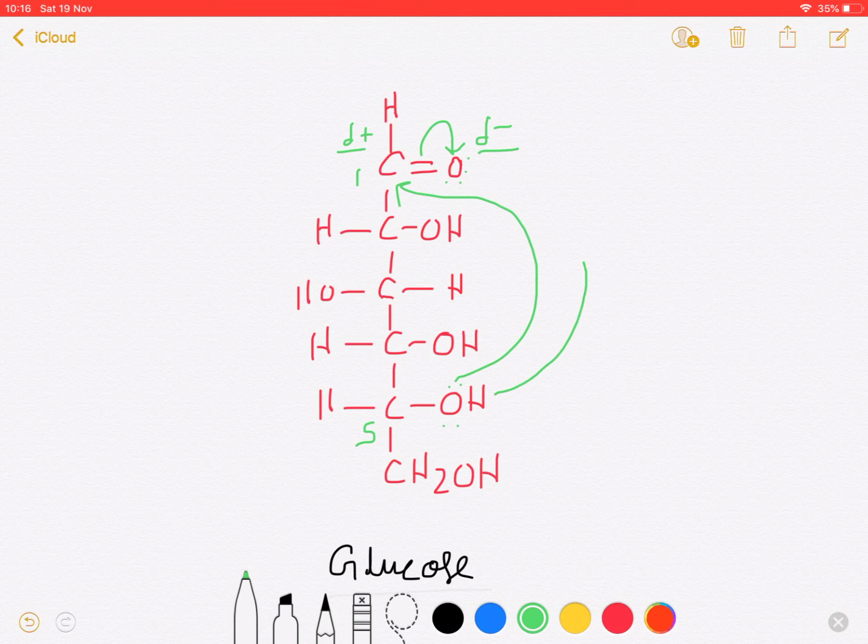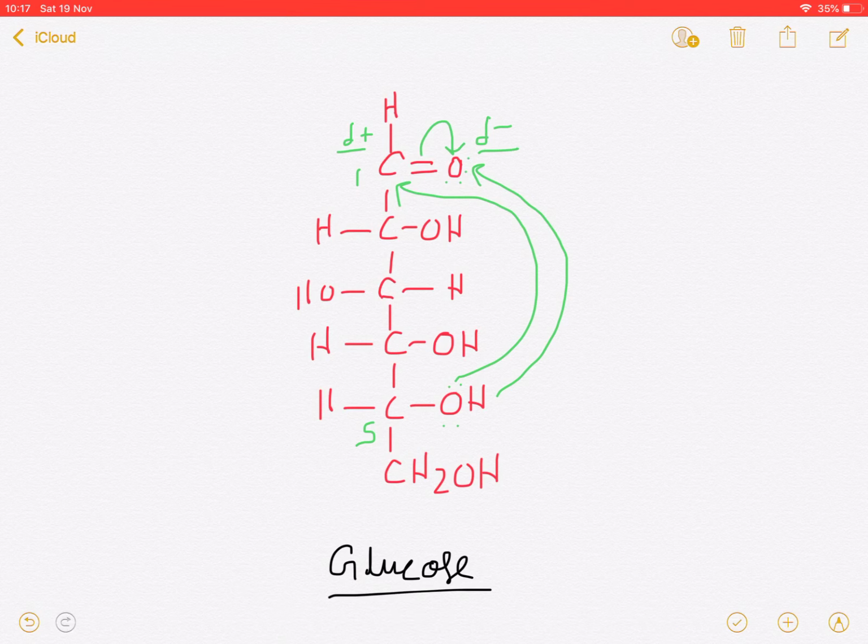And this hydrogen is going to perform the electrophilic attack on this oxygen with the partial negative charge. That means an electrophilic attack is when an electron deficient species attacks the electron rich species. So here the electron deficient species will be hydrogen and the electron rich will be oxygen with this partial negative charge.